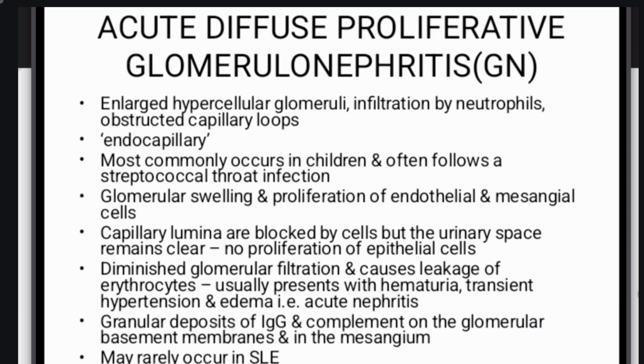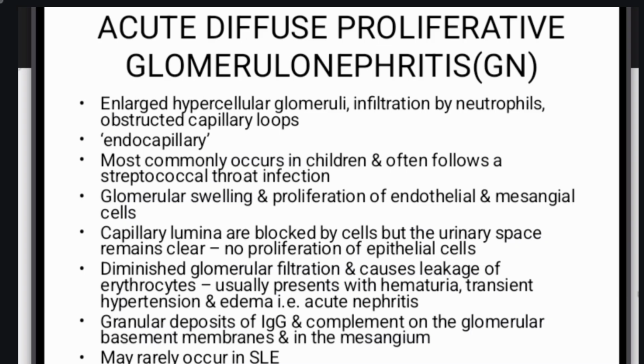If you look at it, you see glomerular swelling and proliferation of endothelial and mesangial cells. It's good to remember the histology that we looked at, the mesangial cells. They will tend to be swollen and proliferated. Then the capillary lumina are blocked by cells, but the urinary space remains clear.